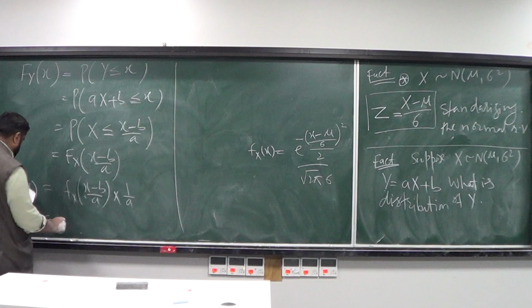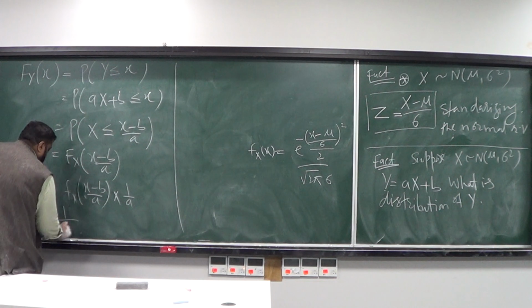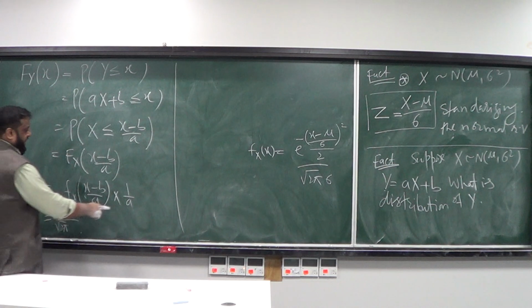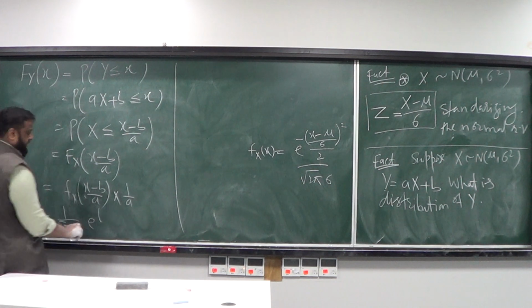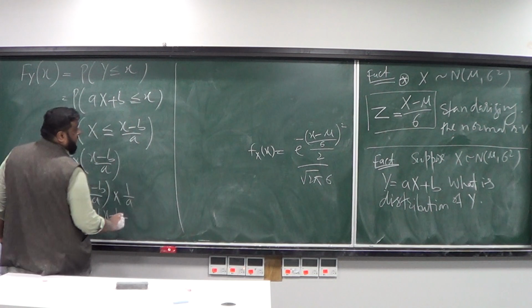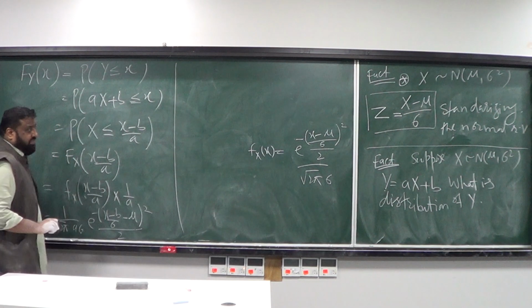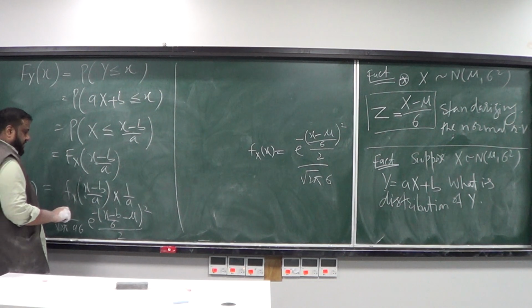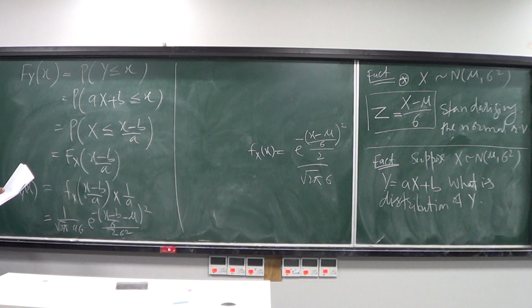If you simplify this, you're going to get 1 over the square root of 2 pi, a multiplied by sigma, so it's going to be a sigma, and e to the minus ((x minus b) upon a minus mu) square, and everything divided by 2 sigma square. This is what you're going to get.